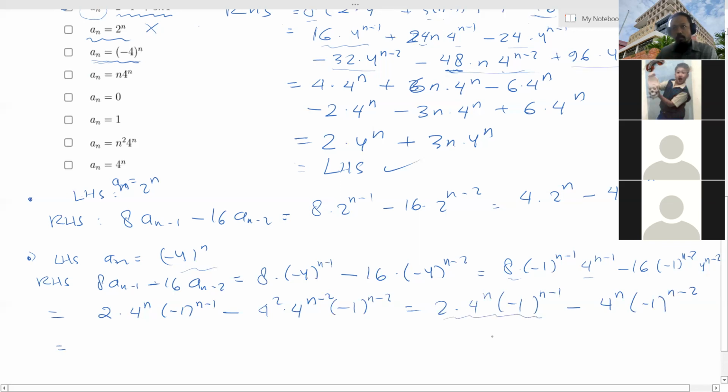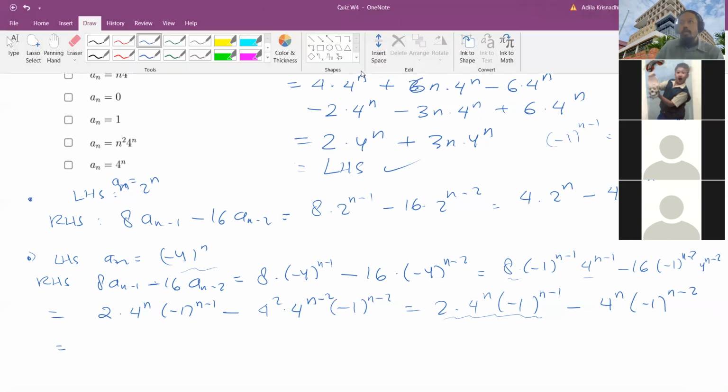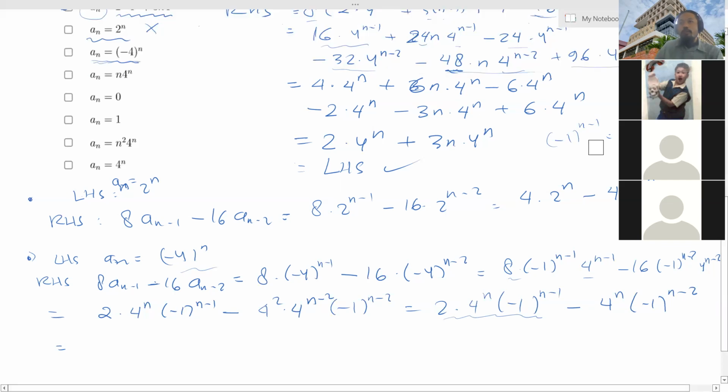what about this one? Well, remember, minus 1 to the power of n minus 1 is the same as minus minus 1 to the power of n. Remember that, because if n is odd, then n minus 1 is even.